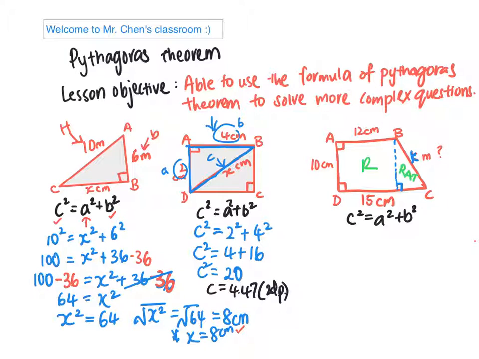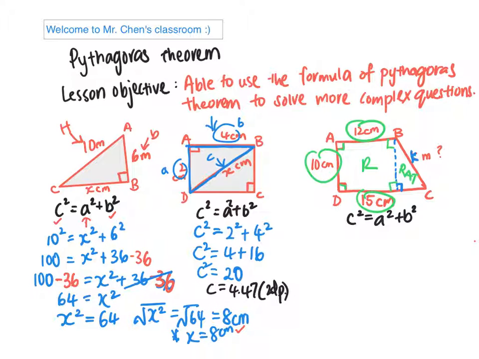When you look at the rectangle, you can tell it is a rectangle because you have 90 degrees here and 90 degrees here. So if you put a 90 degree there, it will be literally a rectangle. And you got 10 here, you got 12 here, but you have 15 here. It is slightly longer.